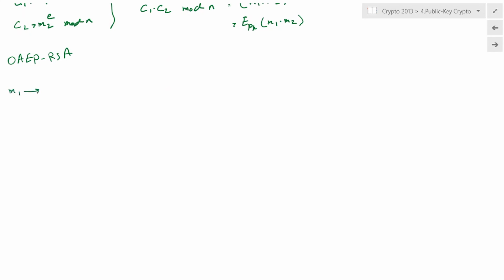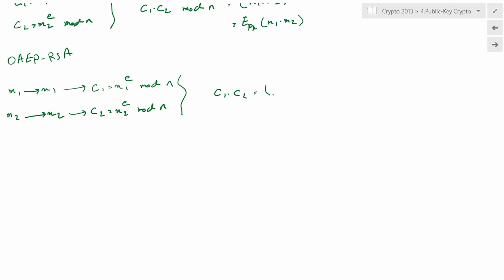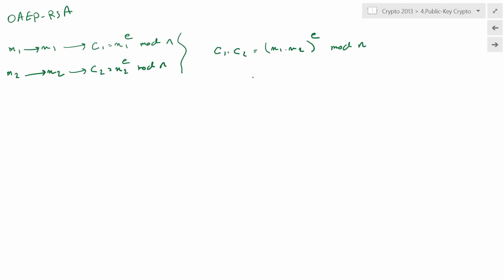We take our message M1, pad it to X1, and encrypt it as C1, which is X1 to the E mod N. Our message M2, we pad to some X2, and compute C2 equals X2 to the E mod N. Now if we do C1 times C2, it is going to be X1 times X2 to the E mod N, and this is not going to equal the encryption of M1 times M2.